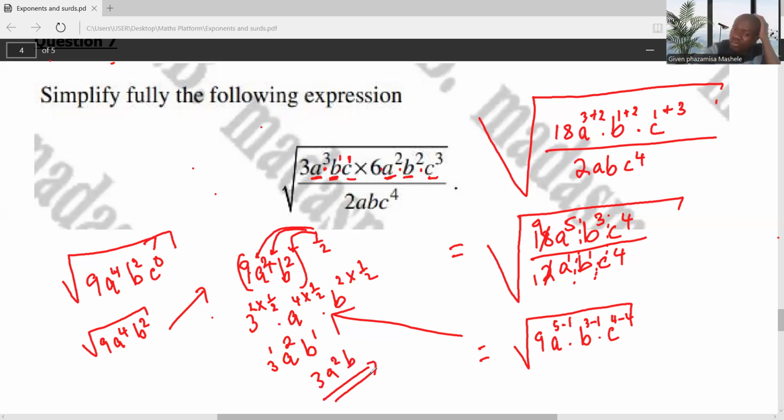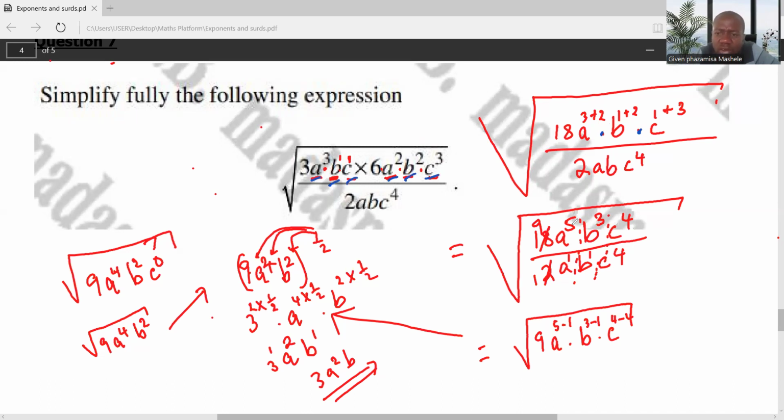So what I've done is, to avoid changing the radical sign, we must first simplify whatever is inside. So look at what we used there. We actually used the multiplication law, which is law 1. When simplifying the numerator, we use the multiplication law, looking at a, at b, at c.